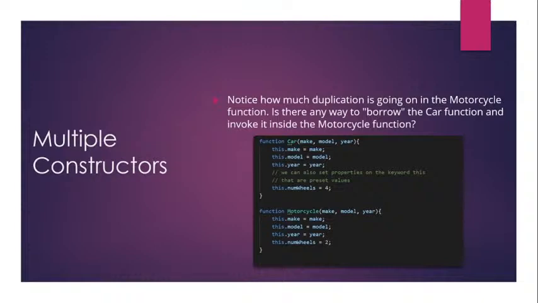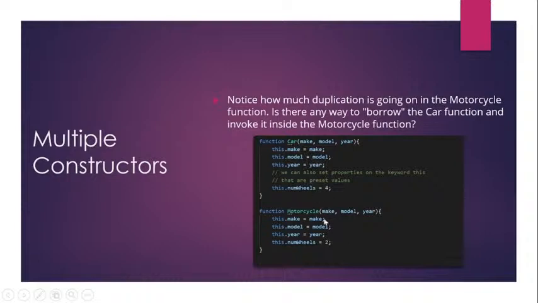This example has two constructor functions, car and motorcycle, which have the same properties, but the products are different, the models made from them will be different, and they have to be kept different.